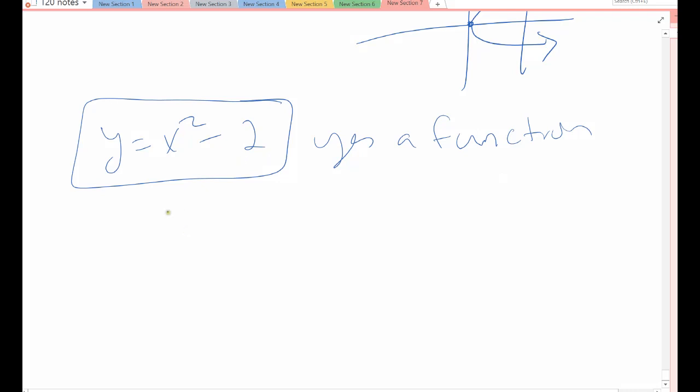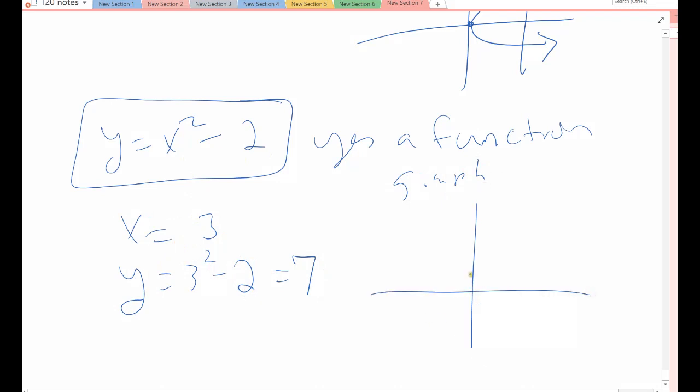Or you can just try it: if I plug in x values, I will get out one y value. So an x value of 3 would give me 3 squared minus 2, which is 9 minus 2, which is 7. If I plug in another one, it's still going to give me one y value. If you graphed it, you get the parabola. It should look like this on your calculator, and it satisfies the vertical line test.